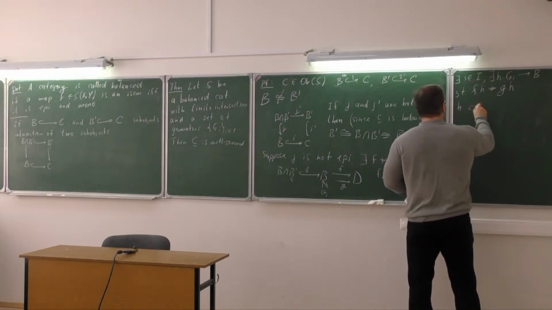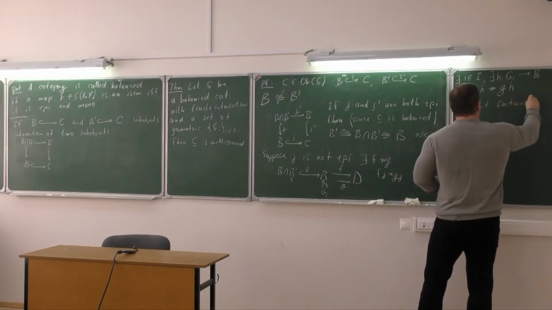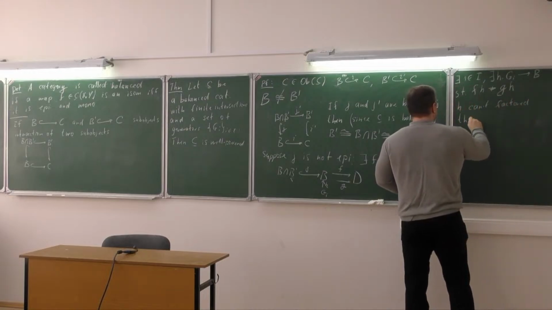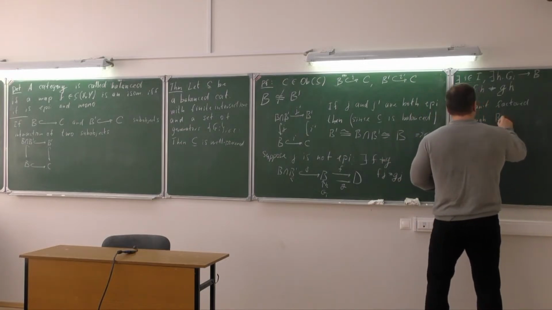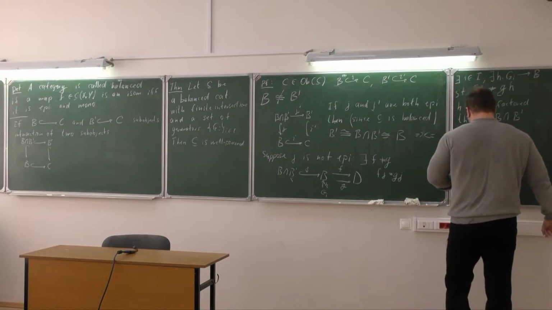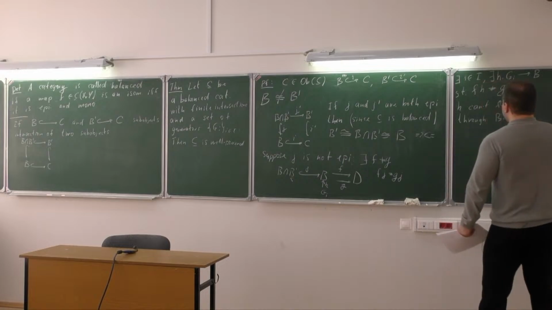So H cannot be factored through the intersection of B and B prime. Okay?